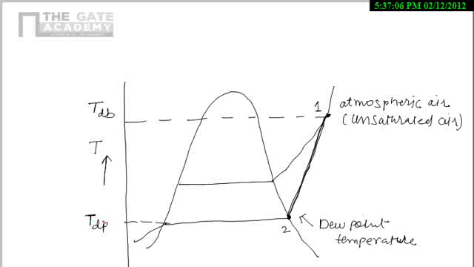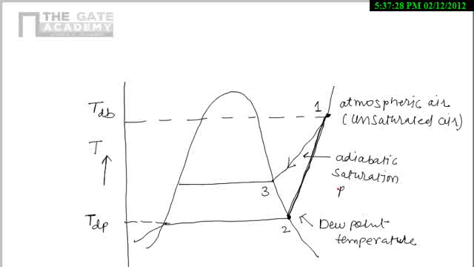Now let's talk about this process, 1, 2, 3. What is happening here? This unsaturated air becomes saturated adiabatically, so this is the adiabatic saturation process.